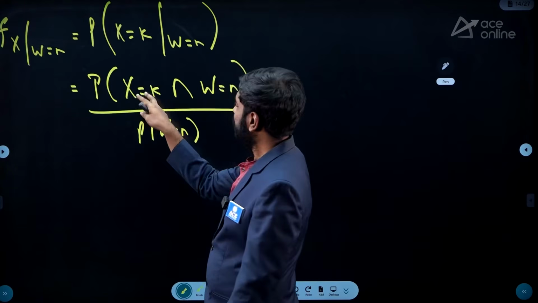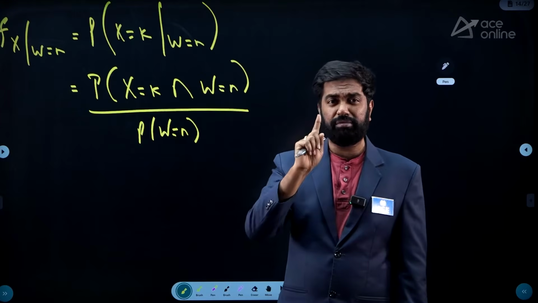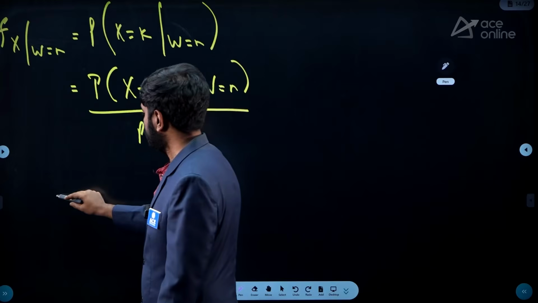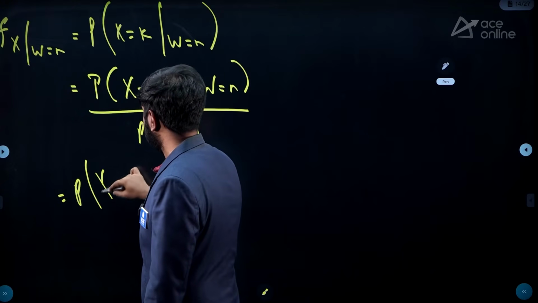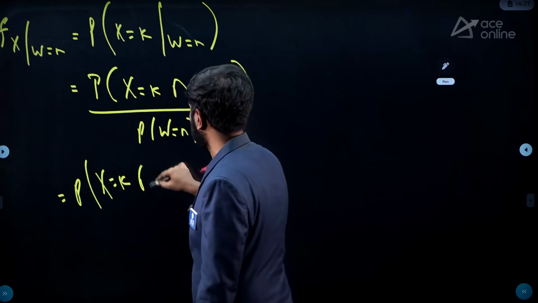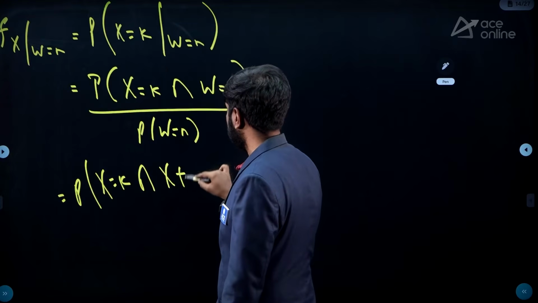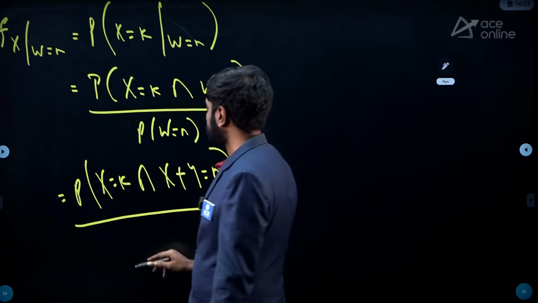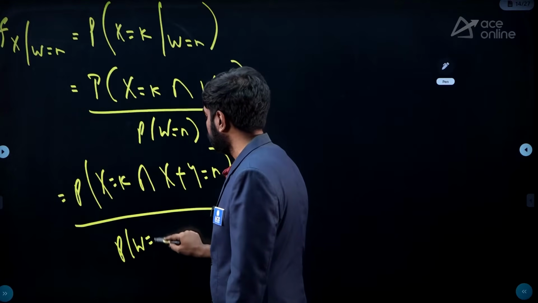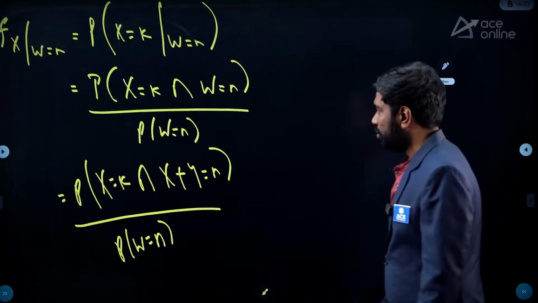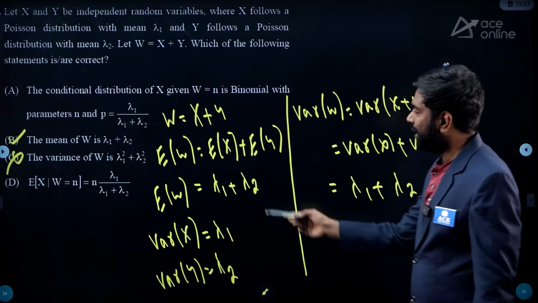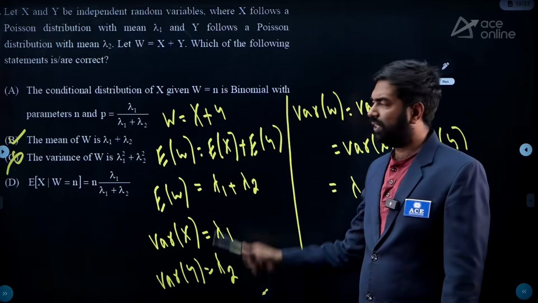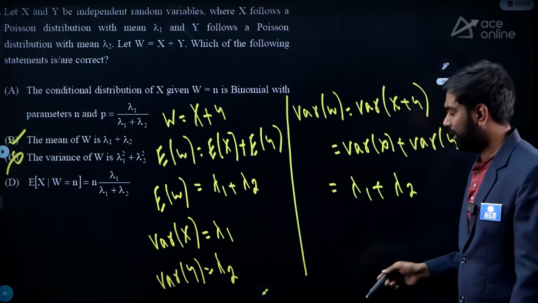Here, if you look at the numerator, the x value is fixed as k and the w value is given as n. W according to the given question is x plus y, and this has to be n, divided by the probability of w equal to n. When you add two independent Poisson random variables, the sum is also a Poisson random variable.